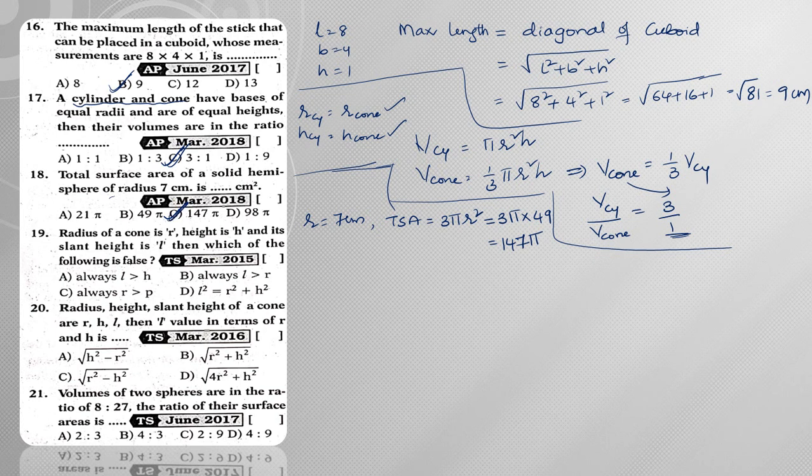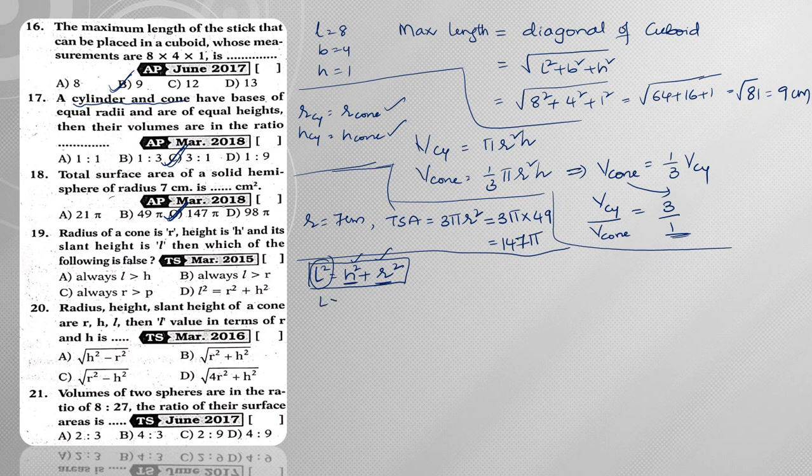Next, the radius of a cone is r, height is h and its slant height is l. Then which of the following is false? Already we know l square is equal to h square plus r square. This is the relation between slant height and radius of the cone. That means this l square is the combination of these two parts, right?